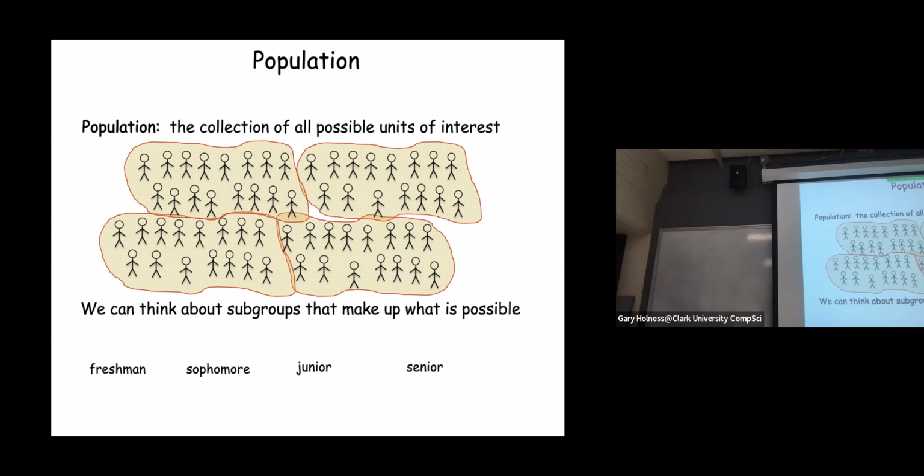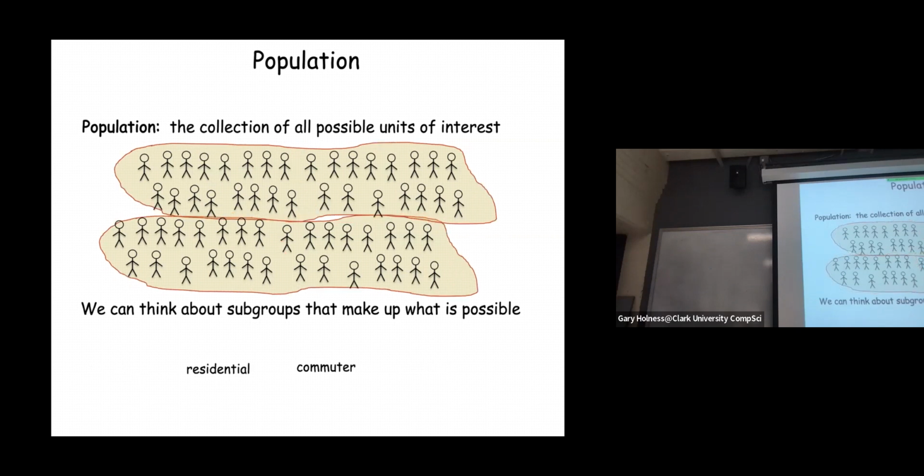Now, that's fairly obvious in an environment like this, and you choose your structure, what you're hypothesizing, guessing really, based on functional things that people do within your population. Another partitioning for describing subgroups in your population might be how you get to campus. There are some who are residential students, and when you sign up for parking, you learn this very quickly.